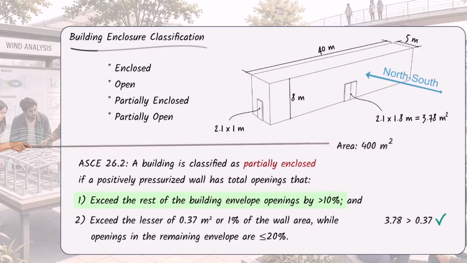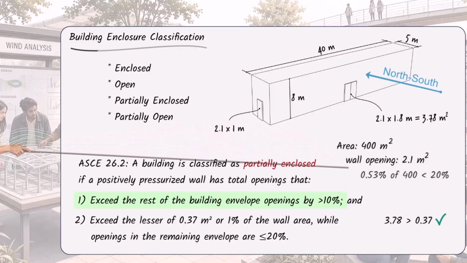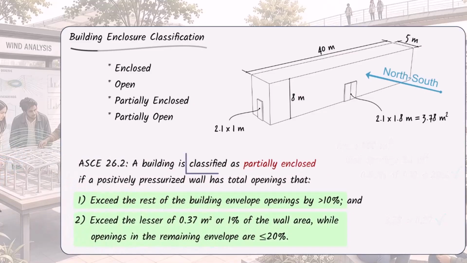The only opening in those walls is the 2.1 square meter door, which represents just 0.53% of the envelope area, well below the 20% limit. So both conditions are met. That means the wider building is classified as partially enclosed when the wind is blowing from north to south.